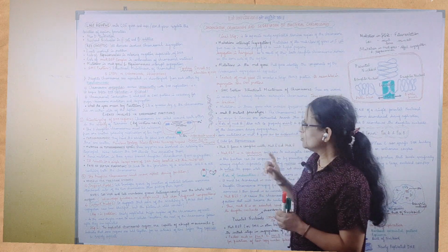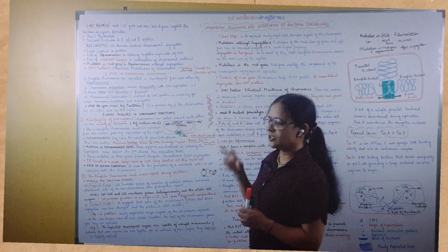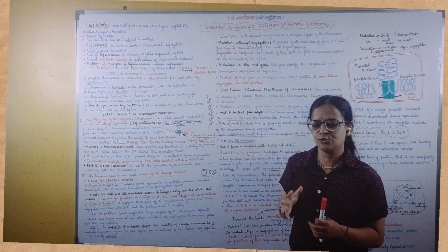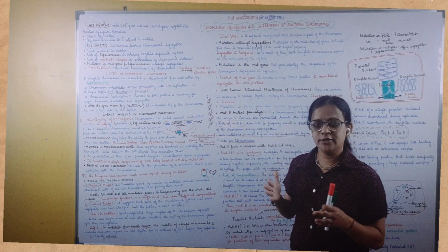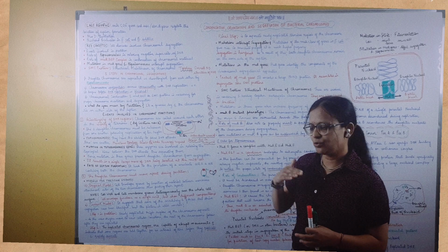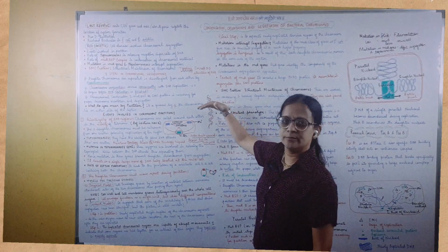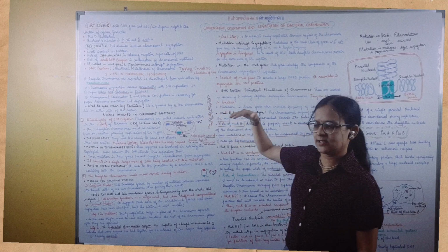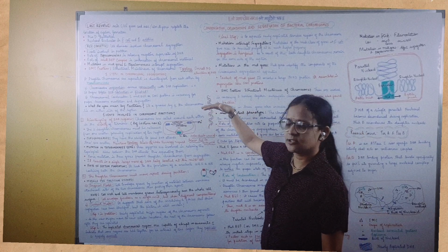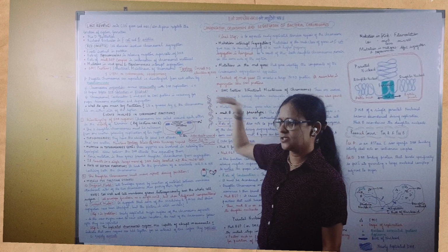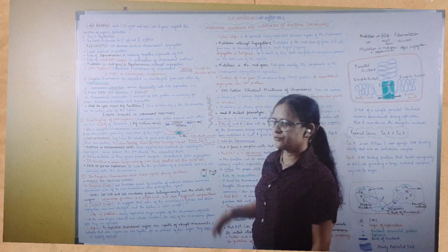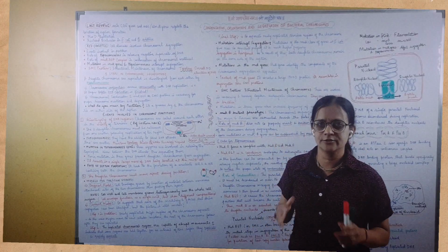So you have the sugar phosphate backbone in the two DNA strands, right? And you have the nitrogenous bases lying in between the two strands, that is they act as the steps of the staircase, right? Sugar and phosphate, they act as the ladder.